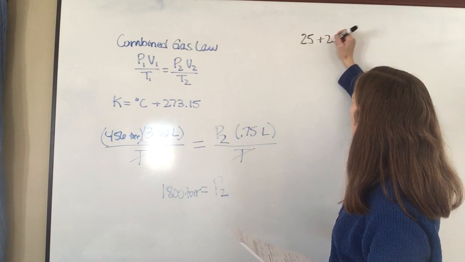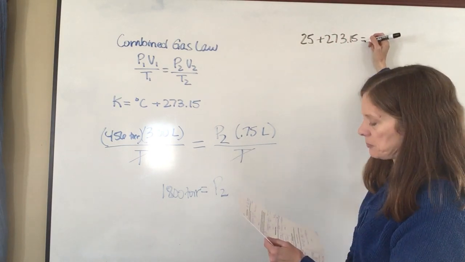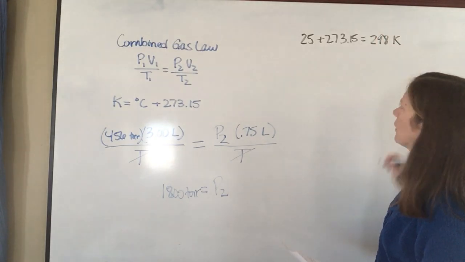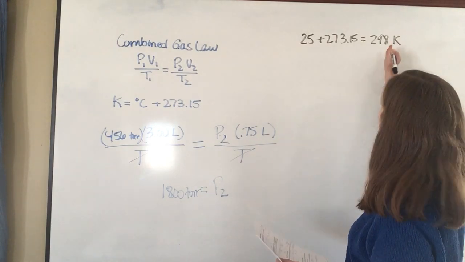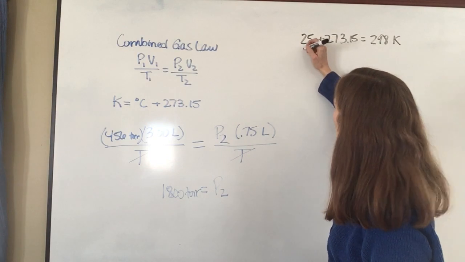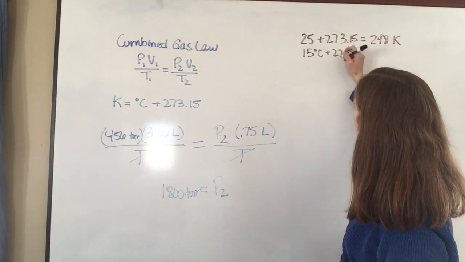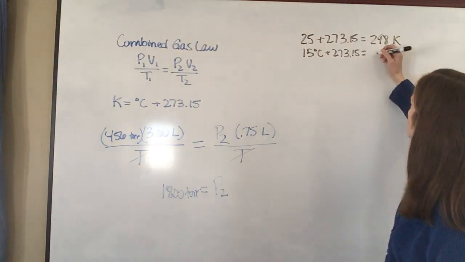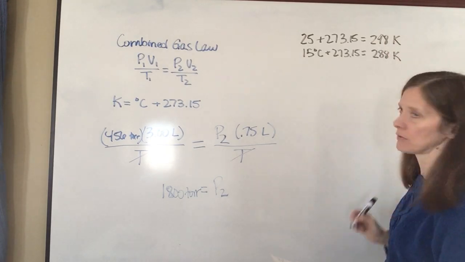So I need to add 273.15 to that, and that will give me a temperature of 298 Kelvin. Remember, when we add, the significant figures depend on where the decimal point is. Similarly, if I have a temperature of 15 degrees Celsius and I add 273.15 to that, I will end up with a temperature of 288 Kelvin.